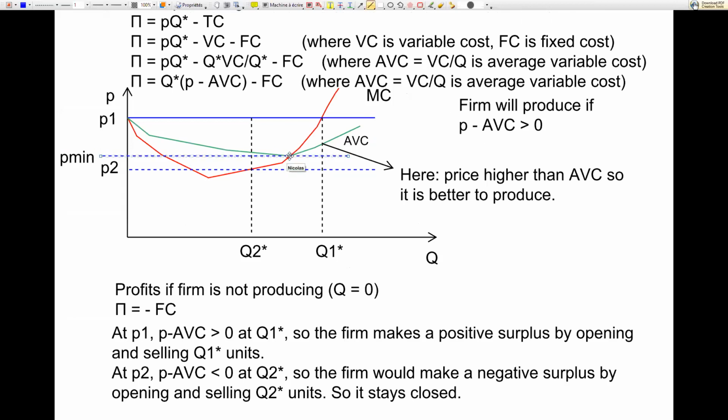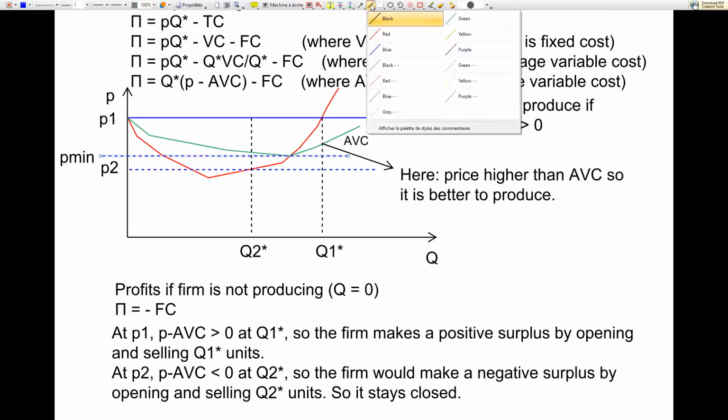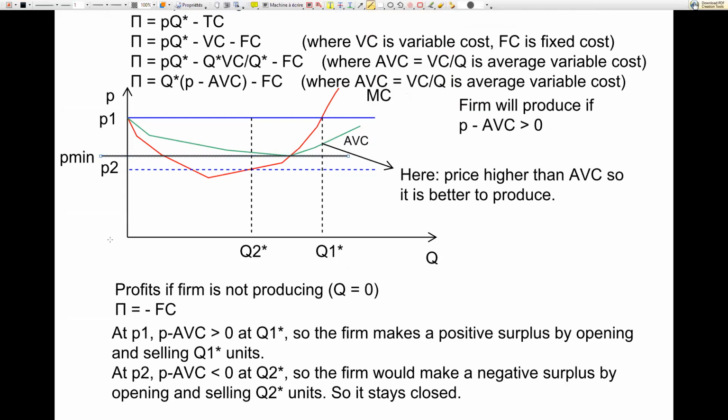Because it's the lowest point at which the price crosses the average variable cost. So from 0 to P-min, the quantity produced is 0.